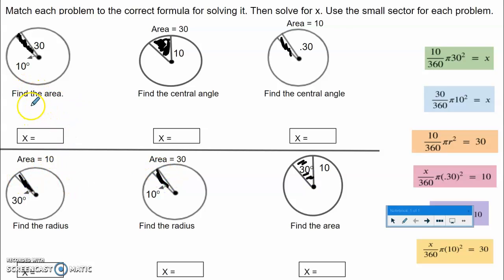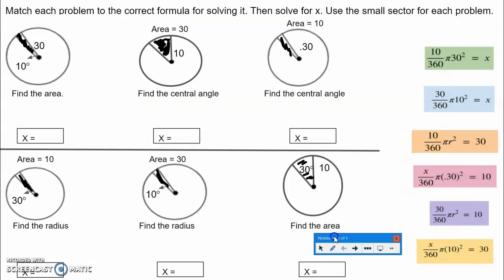All right, so this one, your answer choices are over here for how you're going to set up the equation. So it's the angle over 360 times pi r squared. The radius of my circle is 30.